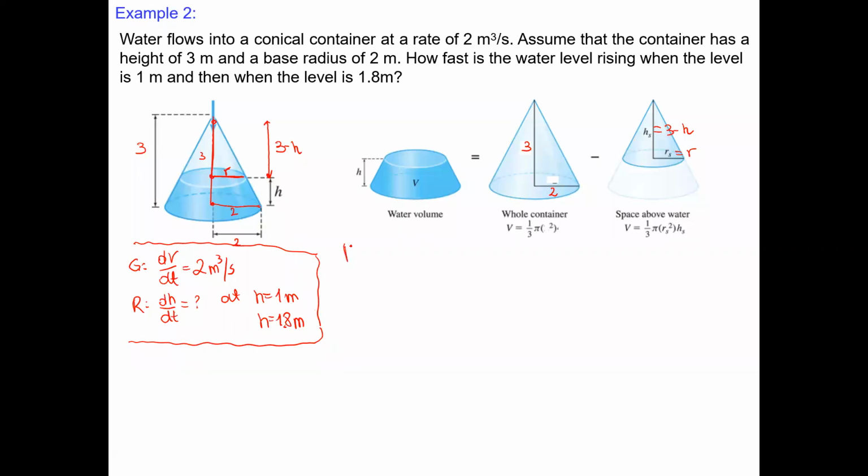Okay, that means the relationship will actually be this: volume of the water equals 1/3 pi. And yes, I didn't type this, it's supposed to be r and h, but I don't want to be confused. We know that the radius is 2, so 1/3 pi r squared times h, minus 1/3 pi, and let's say r and h, we know that the height of that space is 3 minus h with respect to that h.